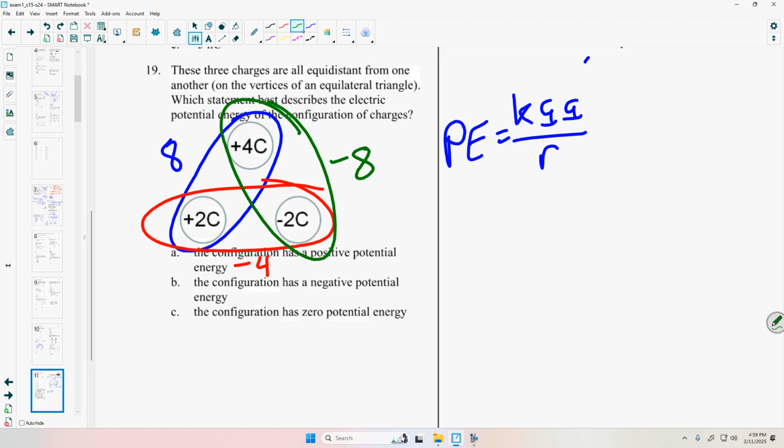Like, is it going to collapse altogether, or is it going to fly apart? And here, because it has an overall negative energy, it's going to collapse together. It's going to fall into one another. So it has an overall negative potential energy, because 8 plus -8 plus -4 is a negative number.